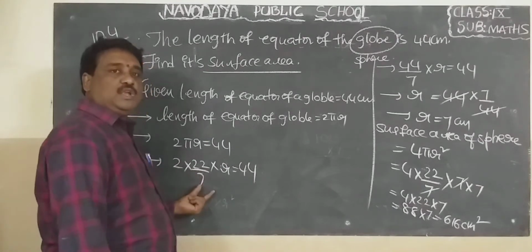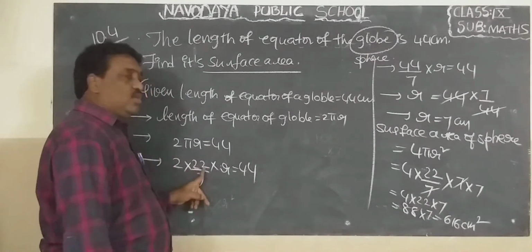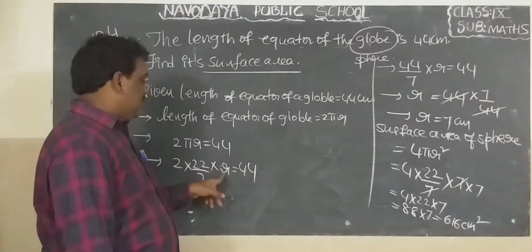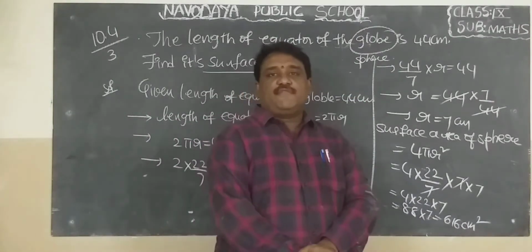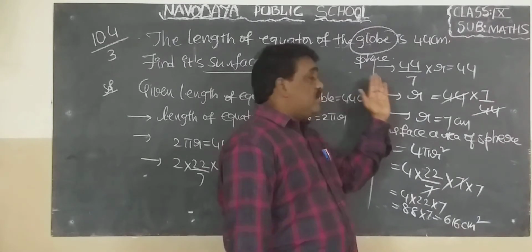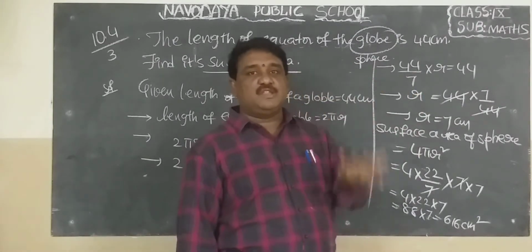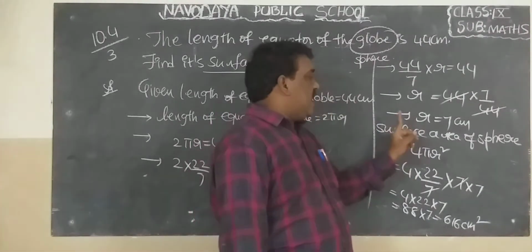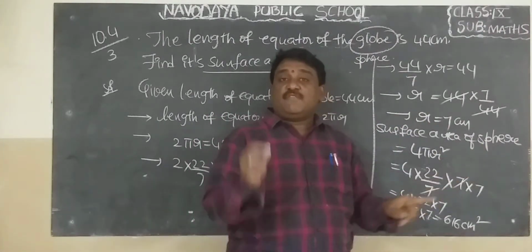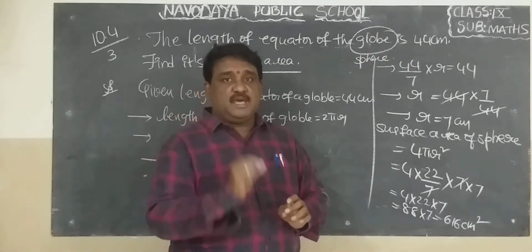Pi value 22 by 7. 2 into 22, 44 by 7 into r equal to 44. R equal to 44, 44 by 7 from LHS to RHS it becomes reciprocal, 7 by 44. 44 cancel. R equal to 7.